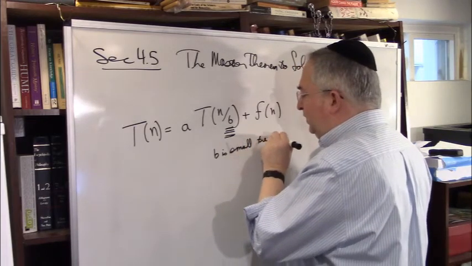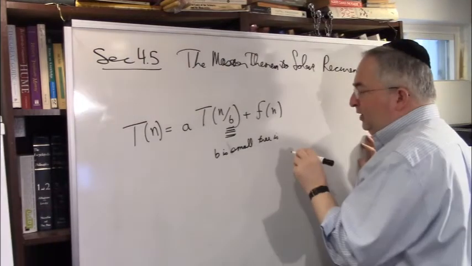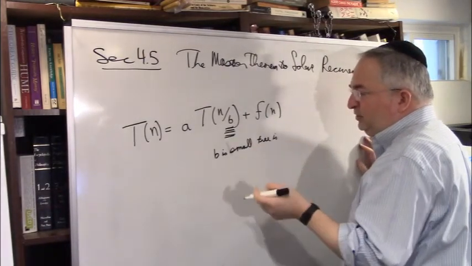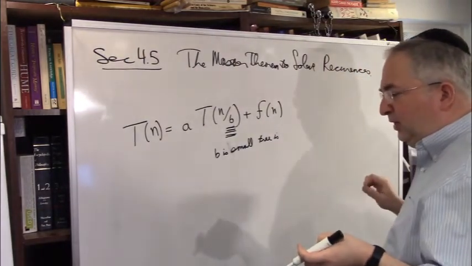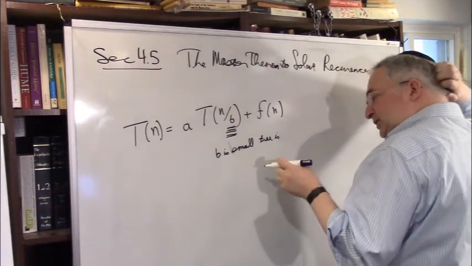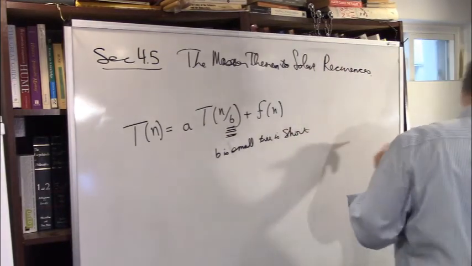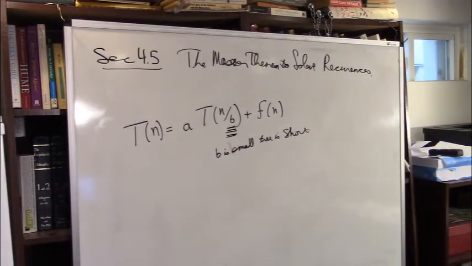If b is small, that means you're dividing by a small number, then the tree is short. I think that's true. I'm sure that's true.